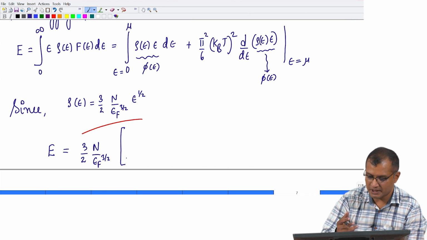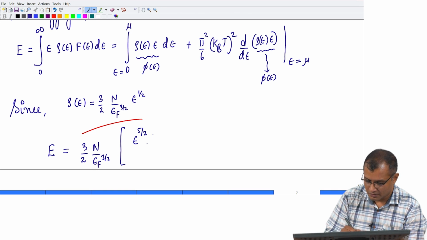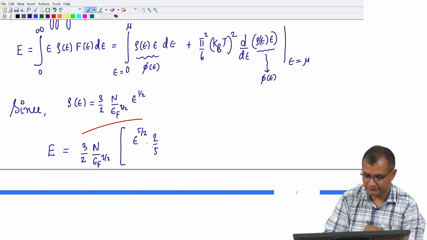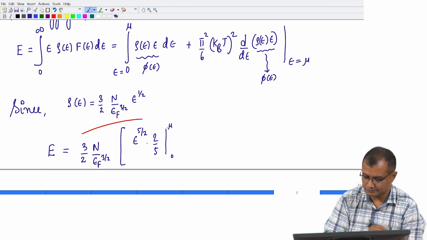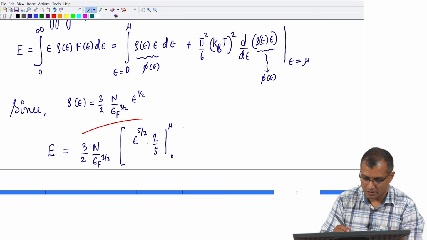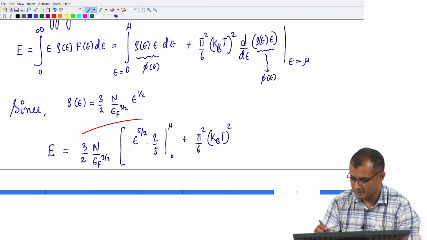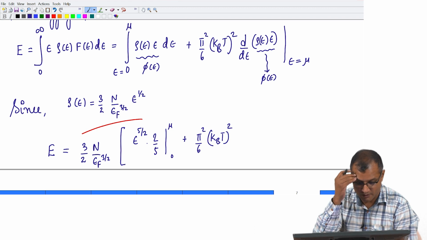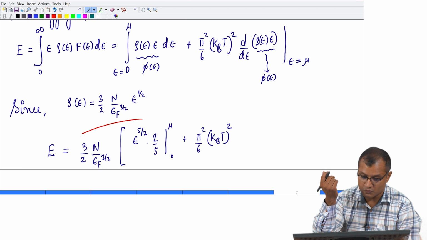So, E times rho would be e raised to 3 by 2. So, that will be nothing but e to the power 5 by 2 into 2 by 5, and the limits would be 0 to mu plus pi square by 6 into kBT the whole square, and again I have taken all the constants outside. So, I will be taking derivative of e raised to 3 by 2.